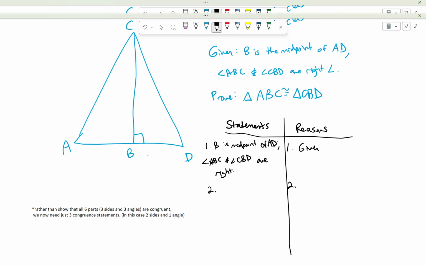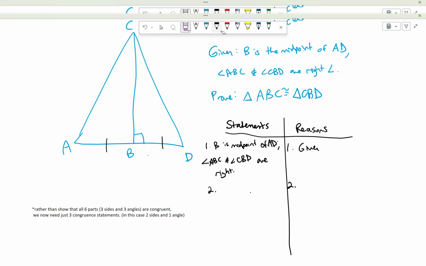What does this mean? Let's take what's given and see what else we can conclude. First, B is the midpoint of AD. What does that lead to? B is halfway in between A and D, meaning that we can conclude something about AB and BD. Because in total I need three congruent statements, and right now I've got none stated.